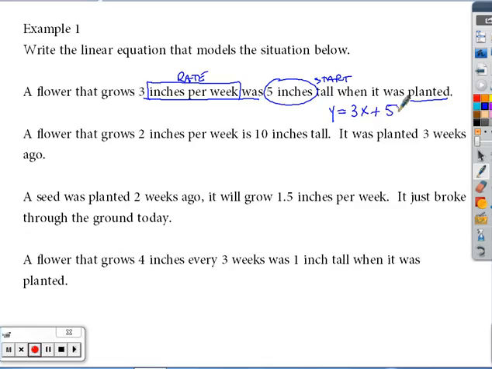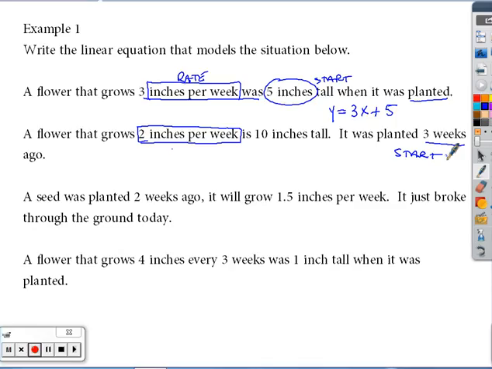A flower that grows 2 inches per week is 10 inches tall. It was planted 3 weeks ago. So this one involves a little bit of work. We see the 2 inches per week, so we know that that's the growth. All right, we know right now it's 10 inches tall, but it was planted 3 weeks ago. So we have to then calculate how tall it was 3 weeks ago for the starting value.